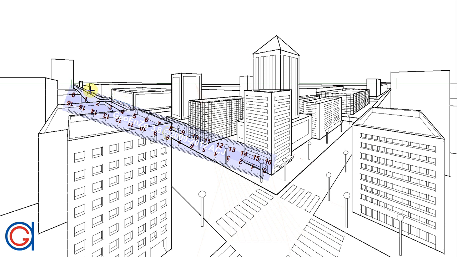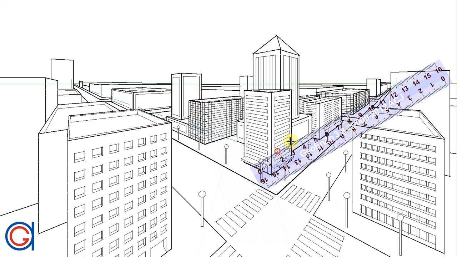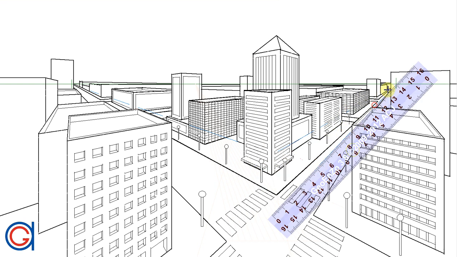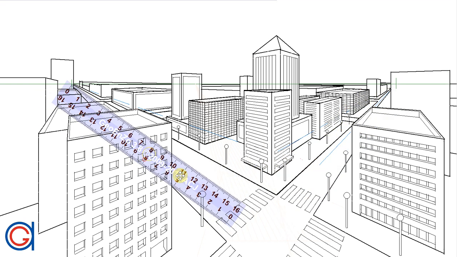So to complete the decoration of the footpaths, we are going to locate trees between each street light. First of all, I am going to draw the construction lines, which will determine the height of these trees using the left and the right vanishing points again.